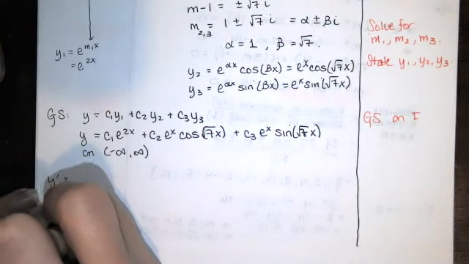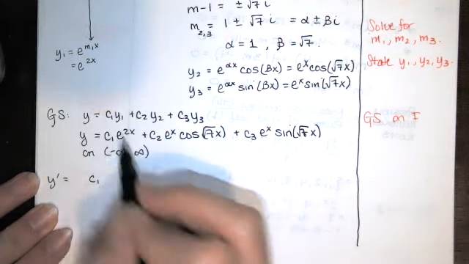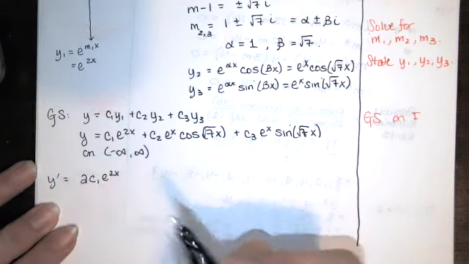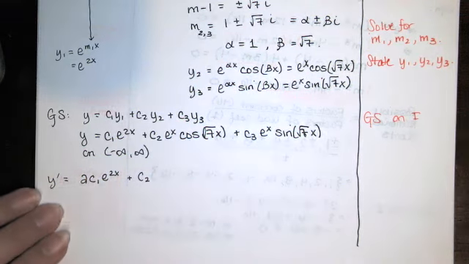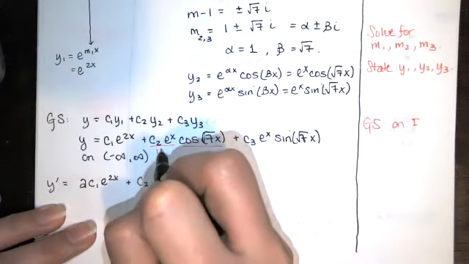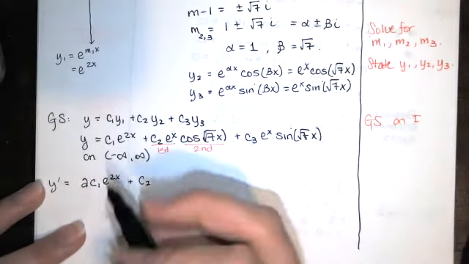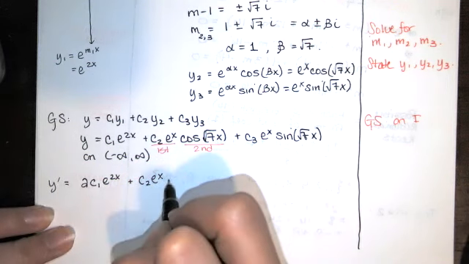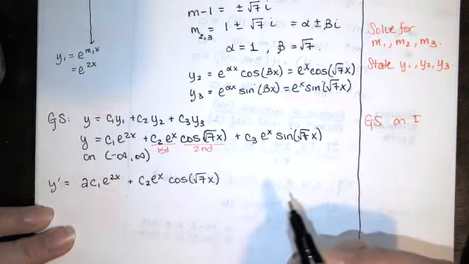So y prime is this, the derivative of this piece. Bring your c down. Derivative of e to the 2x is e to the 2x times the derivative of the inside, which is a 2. Over here, bring your constant down. Well, actually, let's do it this way. Thinking of this as the product, this is my first function, and this is my second function. We'll have derivative of the first, c2 e to the x, times the second, plus the derivative of the second.